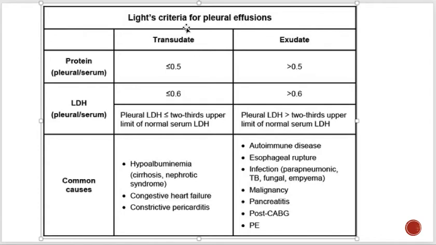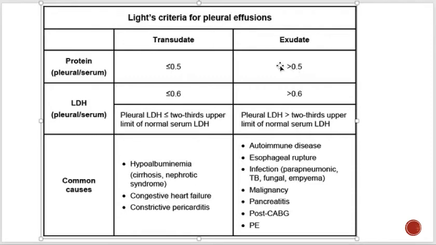The Light's criteria check the protein ratio, the pleural protein versus serum protein. They check the ratio of LDH in the pleura and the serum in the patients. A pleural effusion is likely to be an exudate if one or more of the following conditions are met.